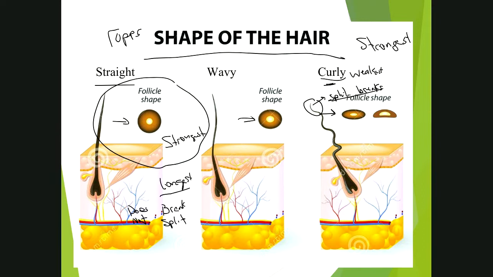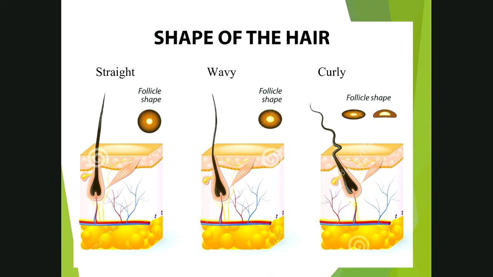And so if you think about different ethnicities, people who have really, really long straight hair, places like maybe India or Japan, their hair gets really, really long. But people who have very, very curly hair, places like Africa, their hair does not get very long before it breaks.